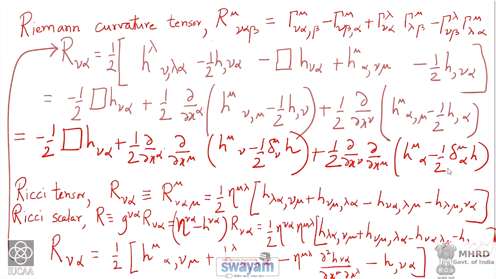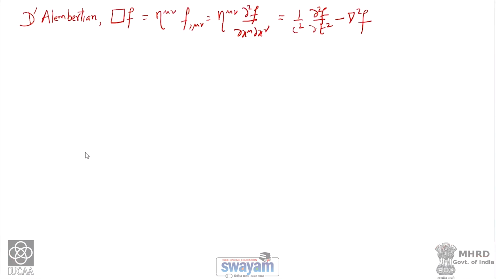Once I use that condition, these two terms will go to 0 and my Ricci tensor will be simply minus half D'Alembertian of h nu alpha. So, that is the basic simplification I have got. So, go for harmonic gauge.